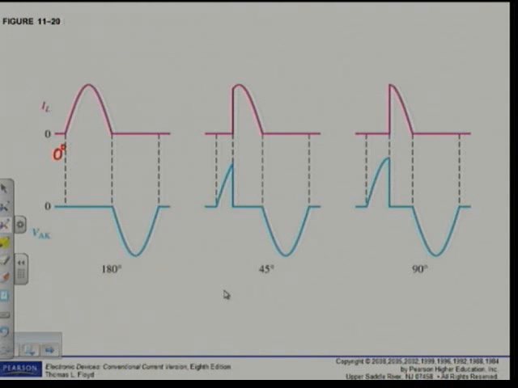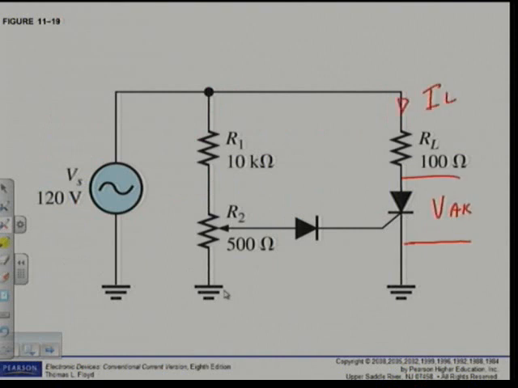Let's go just back to the circuit. Now we look at the circuit. When I trigger at basically 0 degrees, I will have IL that will flow through my load resistance and it will give me a volt drop across that, alright? Now, when this SCR triggered, what will the SCR look like or act like? It will act like basically a short circuit.